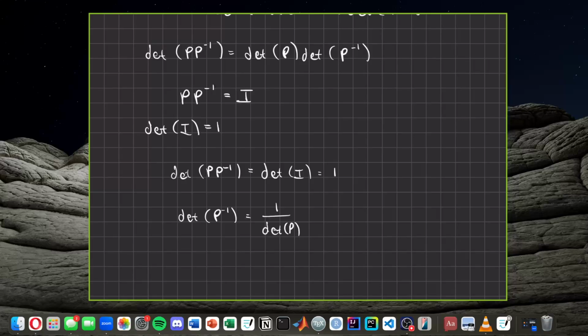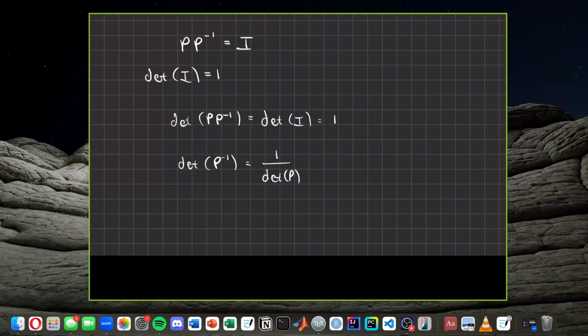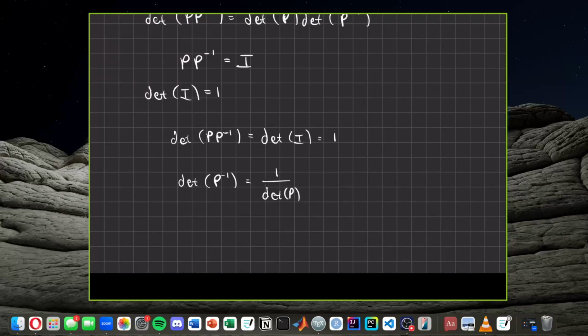And if we do that, we get that it's 1 over 1, so we just get 1. So even though for matrices P inverse is not the same as 1 over P, we can find this property, that the determinant of P inverse is equal to 1 over the determinant of P.